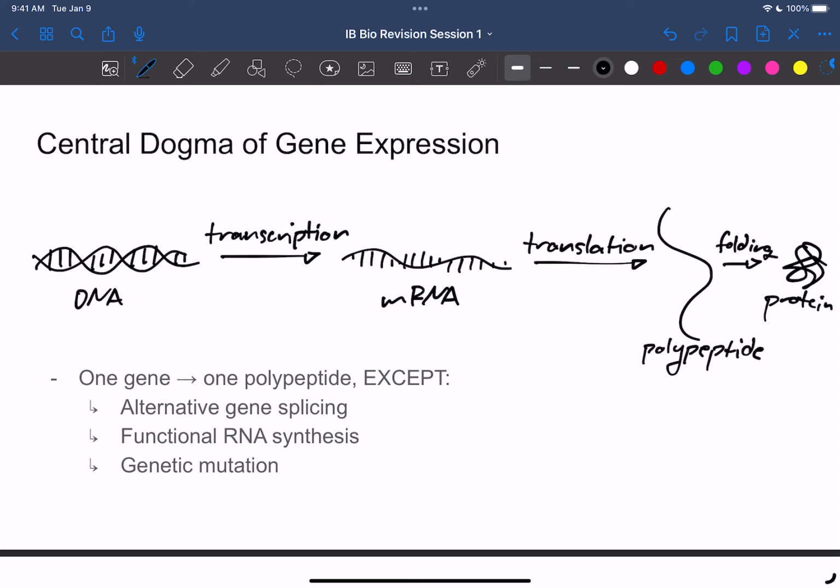So this is the central dogma. This is generally applicable to most things. One gene will give you one polypeptide, but there are some exceptions, and you have to know these.